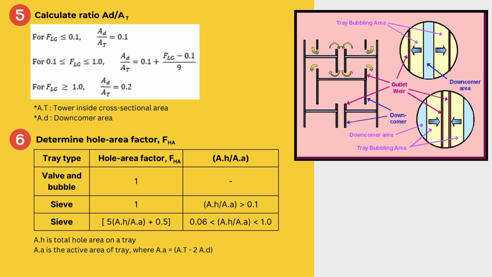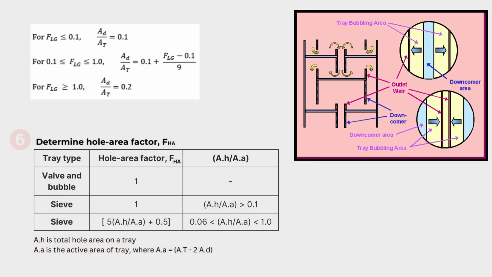If it is over 0.1, then the hole area factor is 1. But if the ratio is between 0.06 and 0.1, then the hole area factor needs to be calculated using the formula 5 AH over AA plus 0.5.